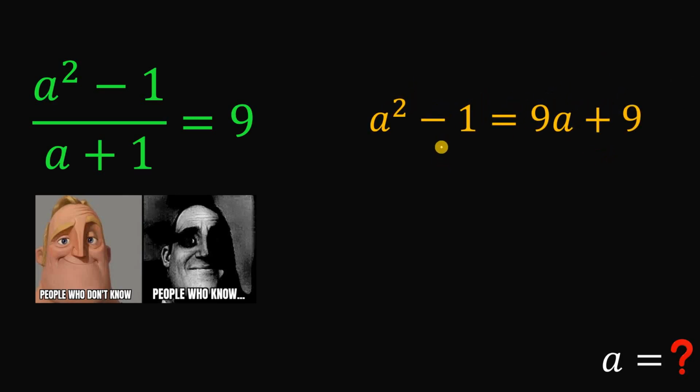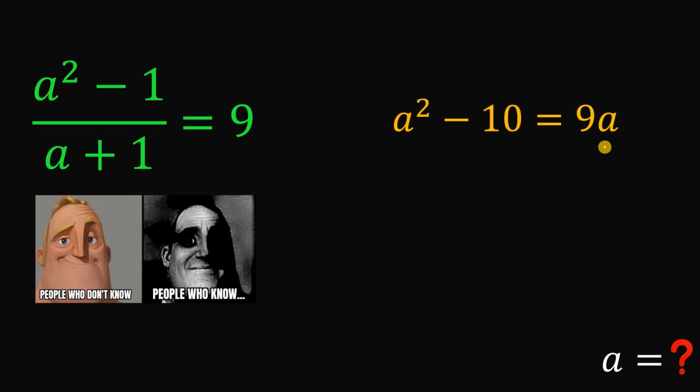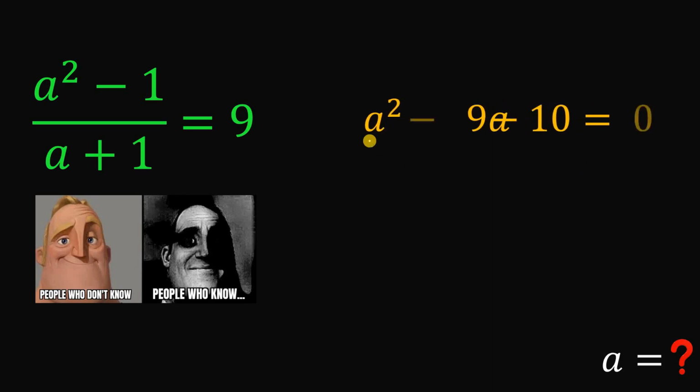Next, what we're going to do here is to subtract 9 on both sides to eliminate this positive 9. And if we do that, we get a squared minus 10 equals 9a. And then for the last time, let's subtract 9a on both sides. So we have a quadratic equation a squared minus 9a minus 10 equals 0.